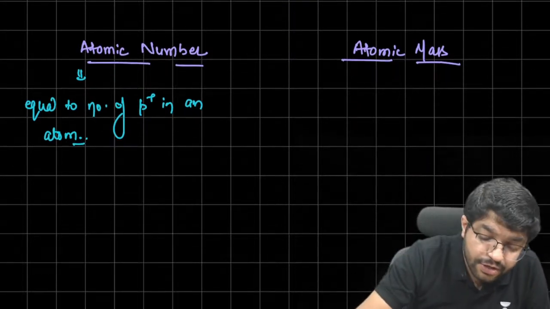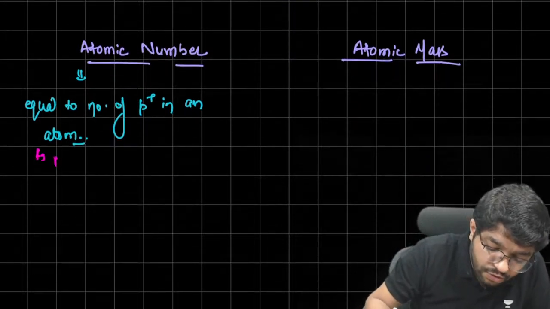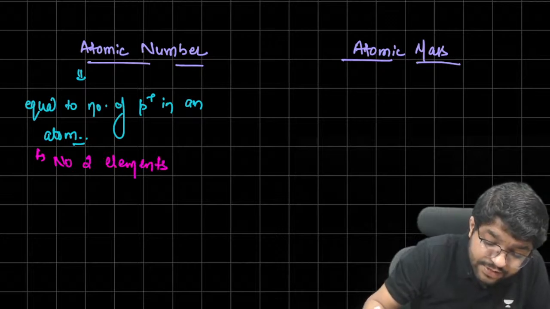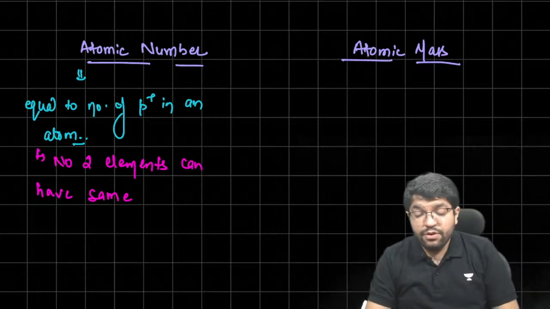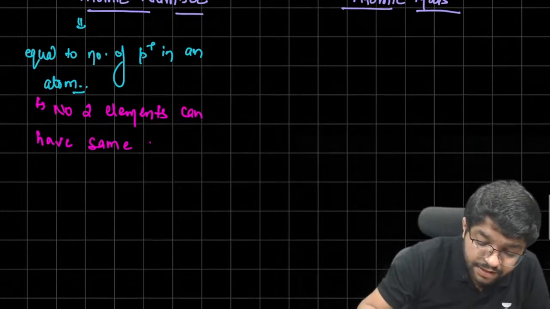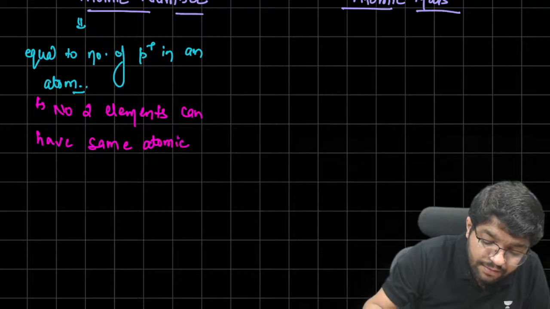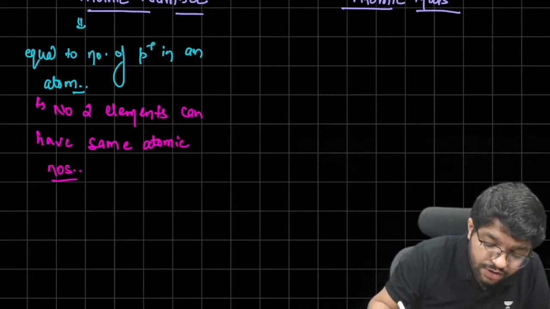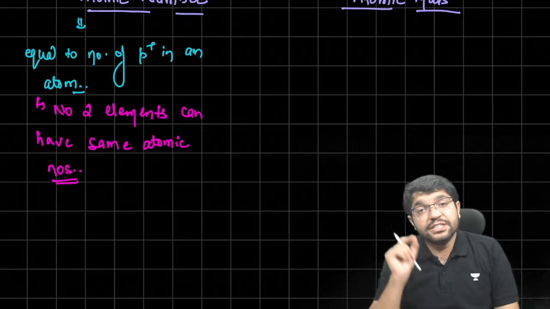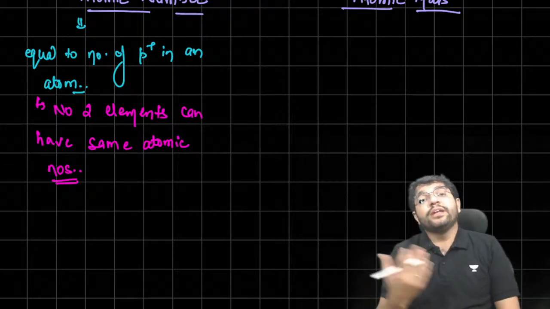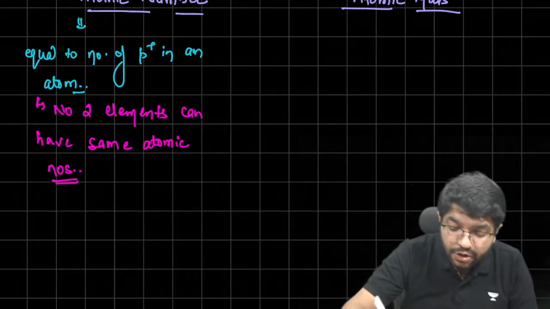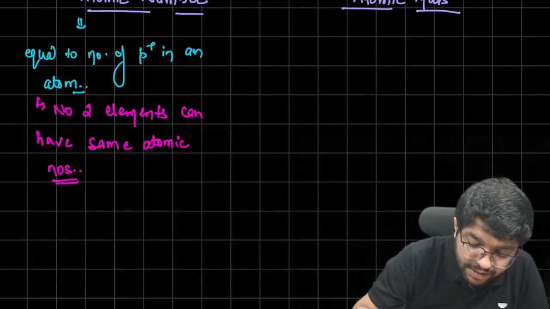Remember, no two elements can have the same atomic number. That is, atomic number is your main catch-up thing. Your periodic table is on the basis of atomic number. No two elements can have the same atomic number.